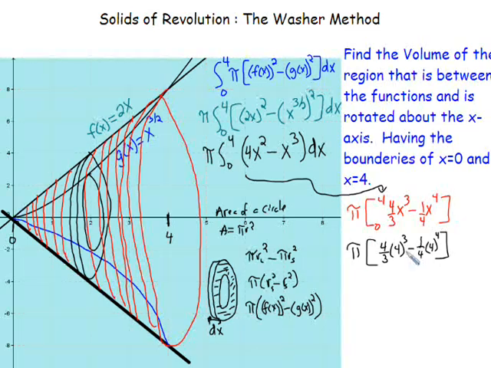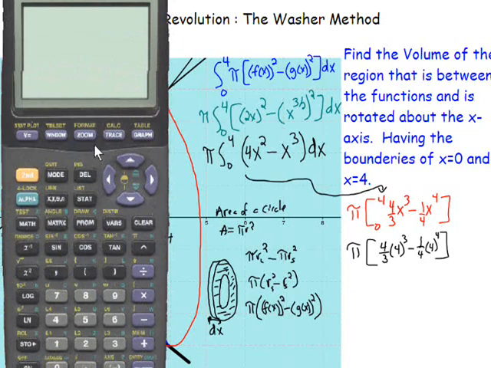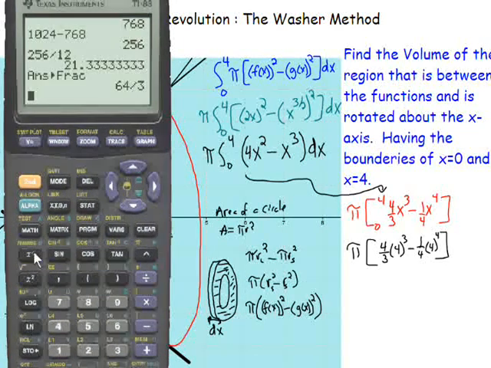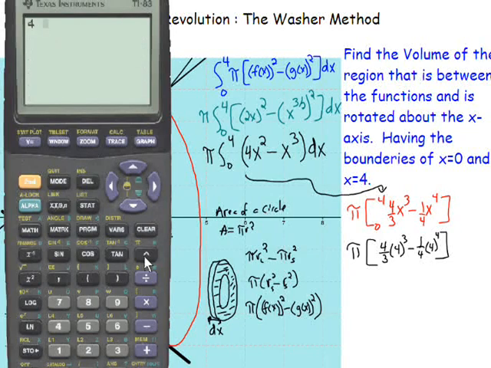We get a calculator. We could do it without the calculator, but it takes some time. Just to be a little bit quicker, 4 to the 3rd is 64. So we get 4 times 64 over 3 minus 4 to the 4th, which is going to equal 256 over 4.